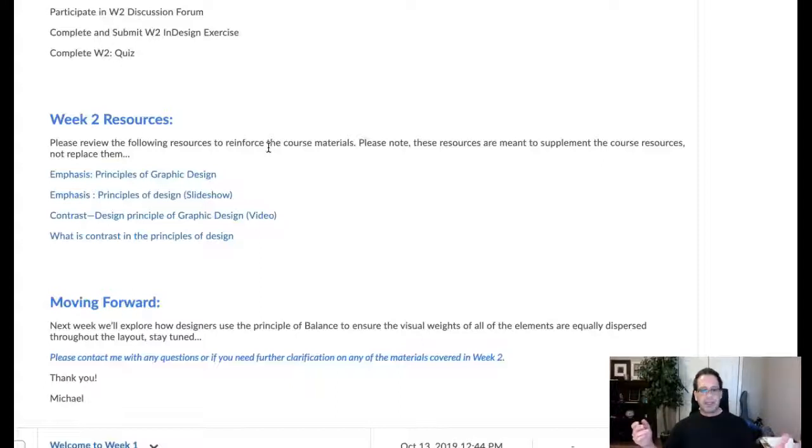This way you have a folder, and if you ever need to refer to advertising design, the principles of design, and the learning outcomes associated with this class, you can go to your folder and you can have your library right there, and it will assist you in working forward in your design career, your student design career, and then it will also assist you in review in your design career. So it's a nice little way to start building your libraries. But I do want to reinforce the fact that these resources that I leave here are not here to replace the course materials. They're here to supplement the course materials.